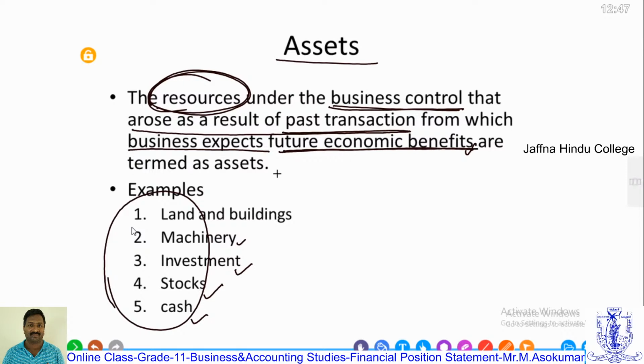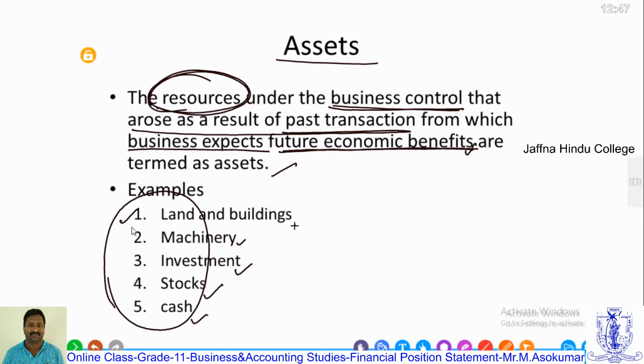For example, land and buildings are an asset under the business control, registered in the name of the business, and arose as a result of a past transaction, either introduced by the owner as capital or purchased from somewhere. The expected future economic benefit is that the business can conduct all its activities in this land and building without paying rent. It can conduct its activities in its own building, so it returns economic benefits.